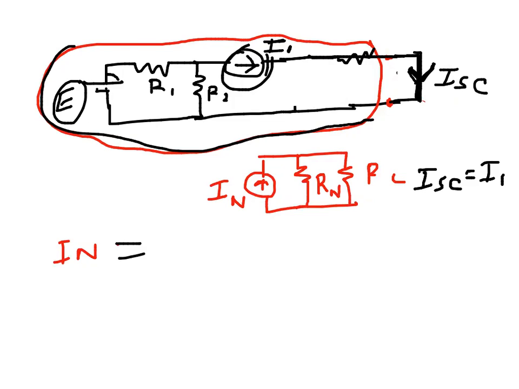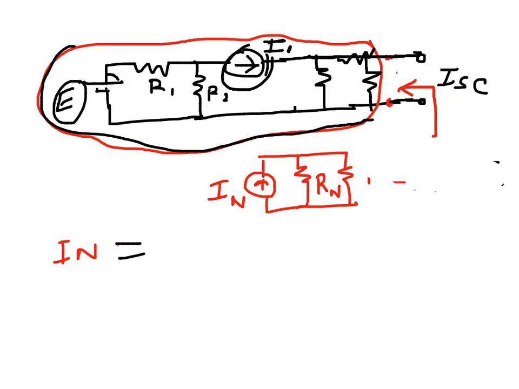Now how to find the Norton resistance? I will again draw the two resistances that were there. So this R5 or RL is removed now, and the equivalent resistance is calculated here, and that is the RN.